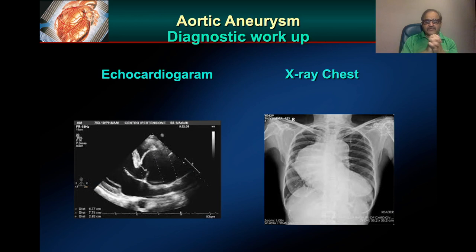Diagnostic workup, on the right side you see X-ray chest with dilated ascending aorta, dilated aortic root, and on the left side the echo shows again dilated aortic root. So both X-ray and echo are helpful in diagnosing aneurysm of aorta.